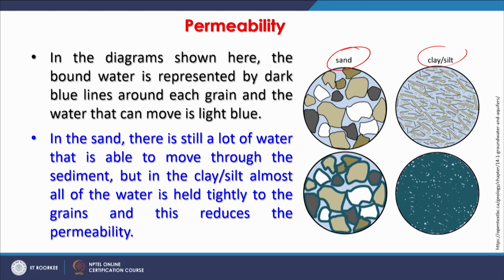In the sand, there is still a lot of water that is able to move through the sediment. But in the clay and silt, most of the water is held tightly to the grains, and this reduces the permeability. So, how the different grains allow water to move through openings depends on what kind of material they are made from.